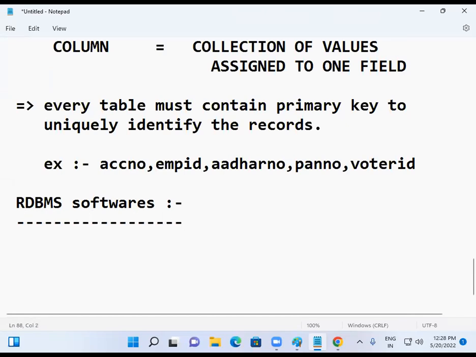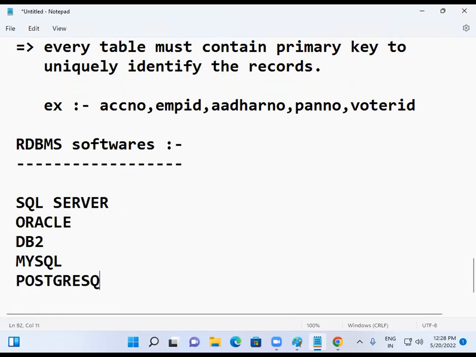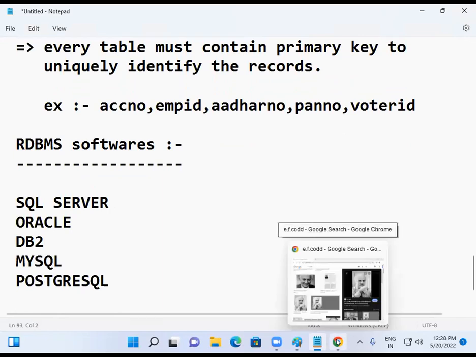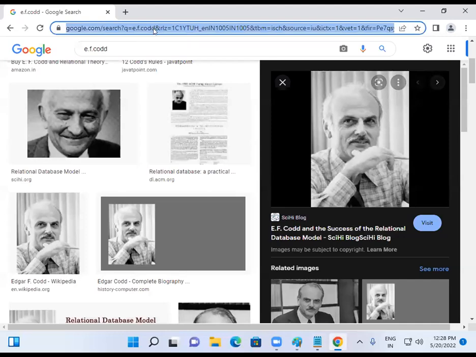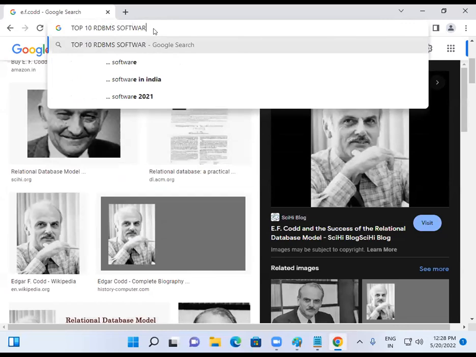One is SQL Server, one is Oracle, one is DB2, one is MySQL, one is PostgreSQL. All these are RDBMS softwares. For example, the top 10 RDBMS softwares.